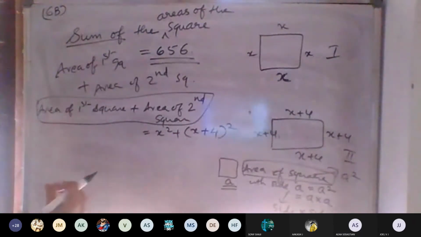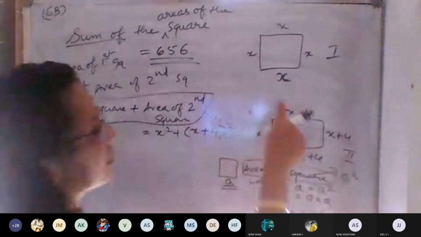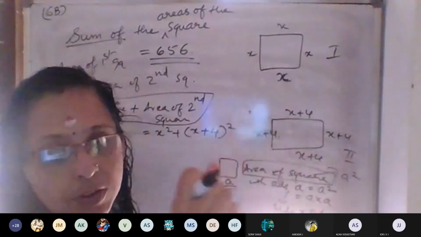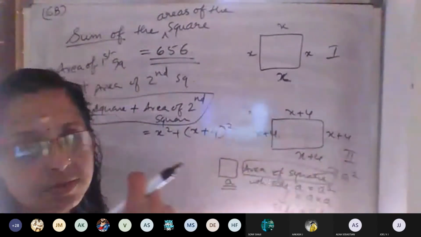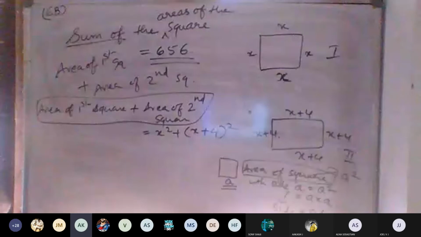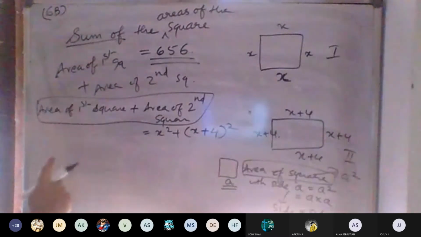Instead of this, we can write in another sentence. Area of first square plus area of second square, that is known as what? What is given there in the question? Something is given, 656. What is that? Sum of the areas, no?